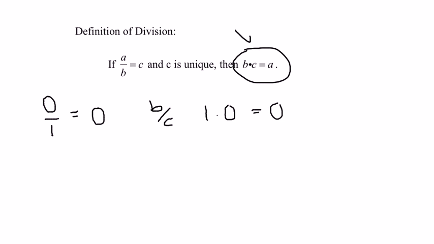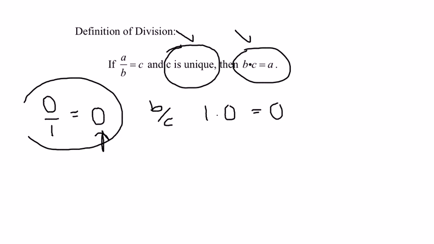And for the first part, if you were to plug in a 1, a 2, or any other number, it wouldn't equal that. So C is unique, the only number you could put there to equal 0. So 0 divided by 1 equals 0, and this is defined as well.